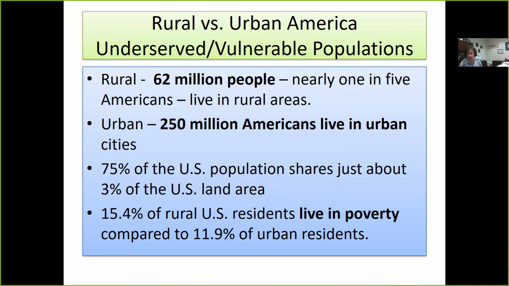What I find really interesting is that 75% of the U.S. population shares about 3% of the U.S. land area, so that's a real concentrated area. And 15.4% of rural U.S. citizens live in poverty compared to 11.9% of urban residents. Many times we think about urban poverty levels, and actually it's higher in the rural areas.